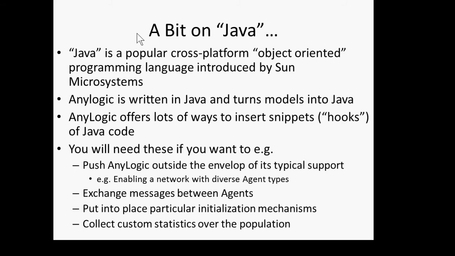So Java is what's called an object-oriented language, and that comes out in how AnyLogic works. We can kind of say this dot main dot get, or dot population, and refer to that population by referring to main, the thing that it's associated with.